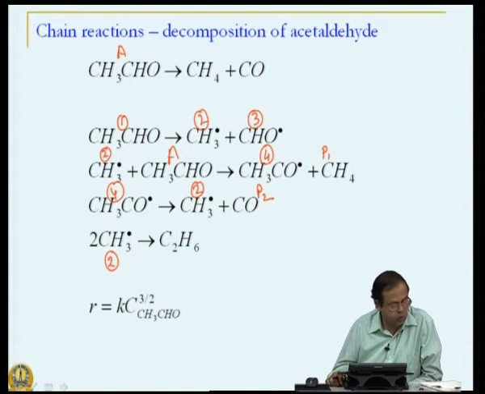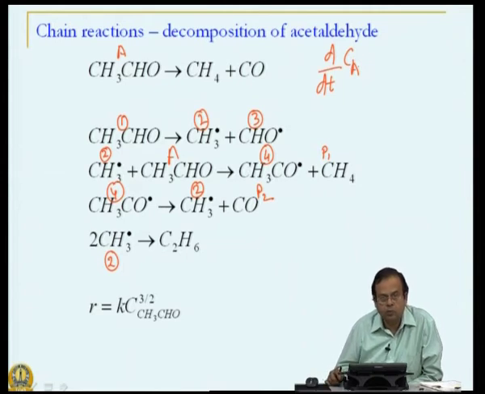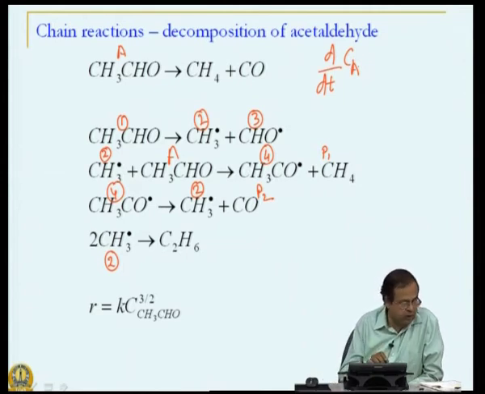So, C1, C2, C3, C4 are going to be the concentrations of these four species. So, let us write down the balance on acetaldehyde first. Okay. And these reactions we are going to call 1, 2, 3, 4.